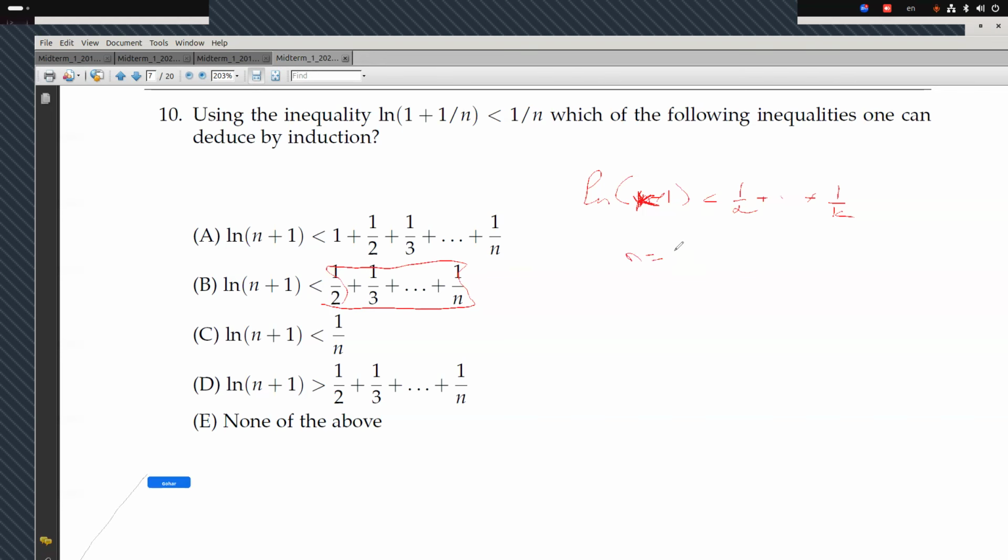When n equals to 1, we have logarithm 2 is less than 1/2. Is this correct?